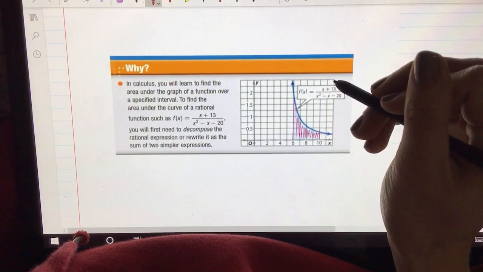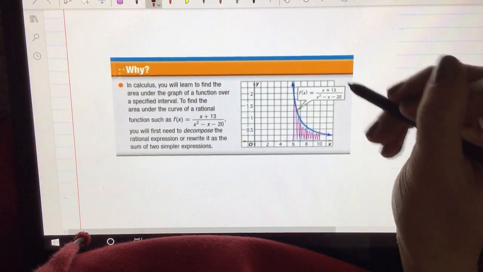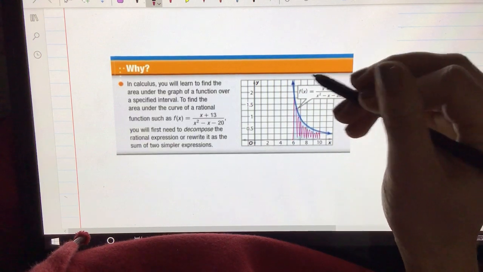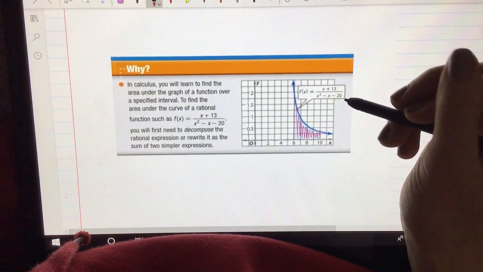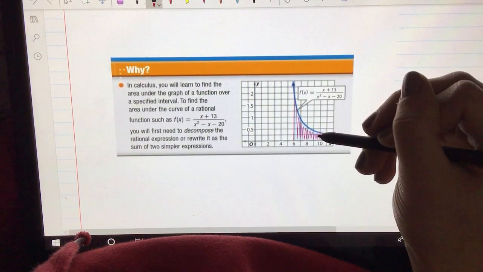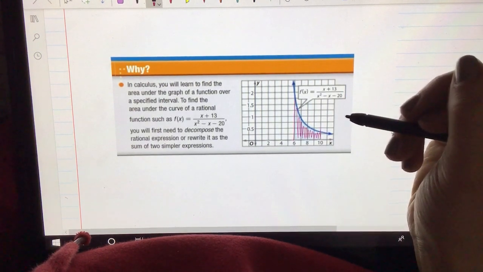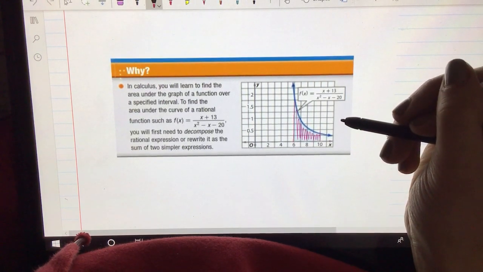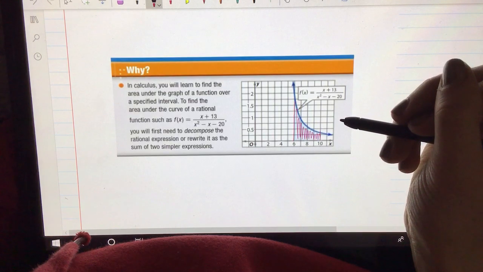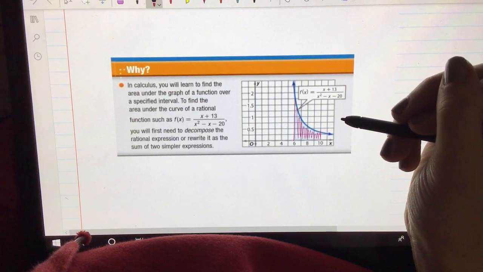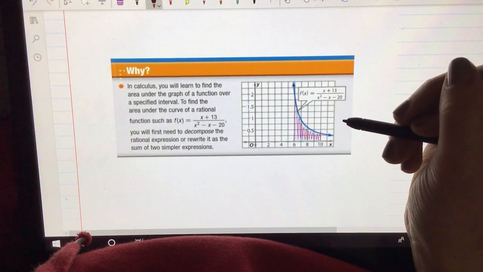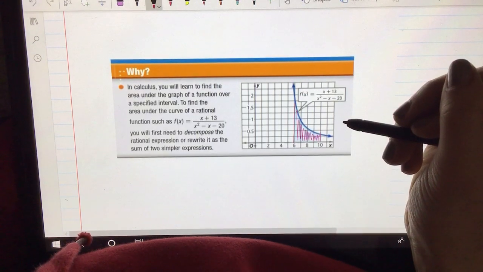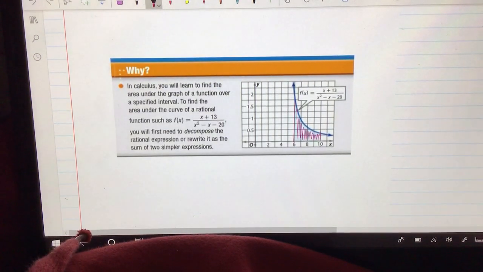If the function you're finding the area under is a rational function like this, the first step is to do partial fraction decomposition. When you get to college and you're in a calc class, they'll expect you to have an idea of partial fraction decomposition already. So let's get started.